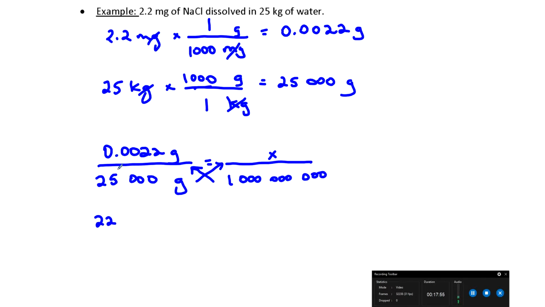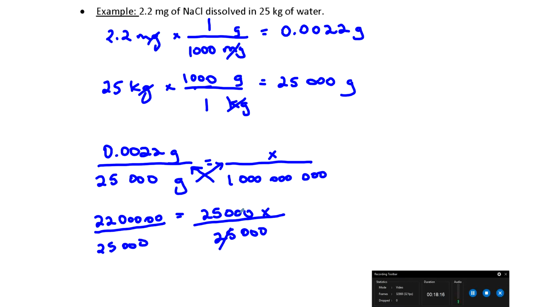So this would be 2,200,000, and 25,000 times x is just 25,000x, and then we'll divide by 25,000 on both sides. So x is equal to 88 parts per billion.